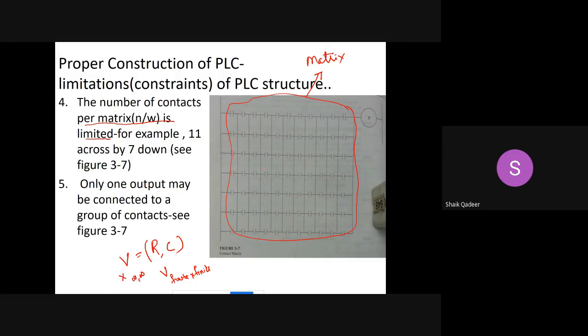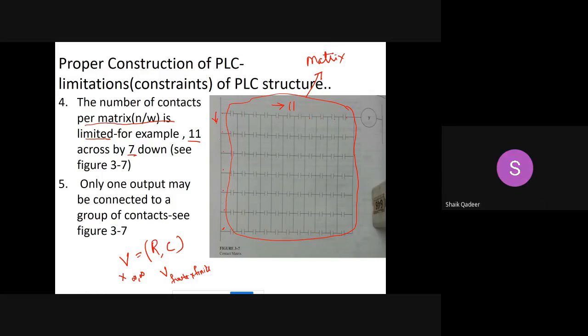Example, in this particular case, the number of rows shown is 11 and the number of columns shown is 7. Look here, count how many: 1 2 3 4 5 6 7 8 9 10 11. So that is 11. Count in this way: 1 2 3 4 5 6 7.